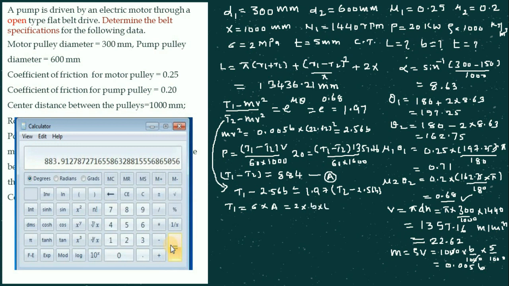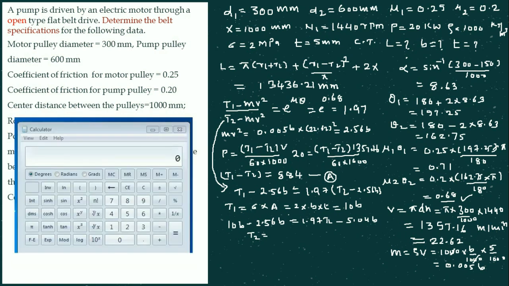So the area is B into T, and I know the value of T, so it will be 5 into 2 is equal to 10 B. Now substitute the value of T1 here, that is 10 B minus 2.56 B, which is equal to 1.97 T2 minus, if you multiply it, 5.04 B. So now we can calculate the value of T2.